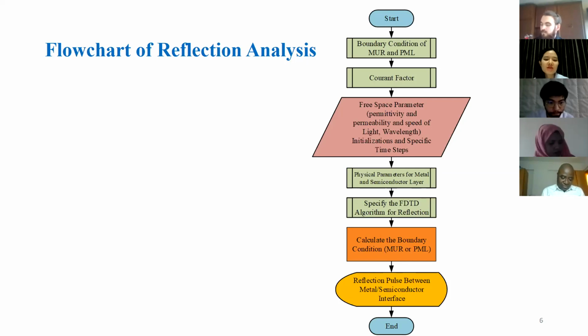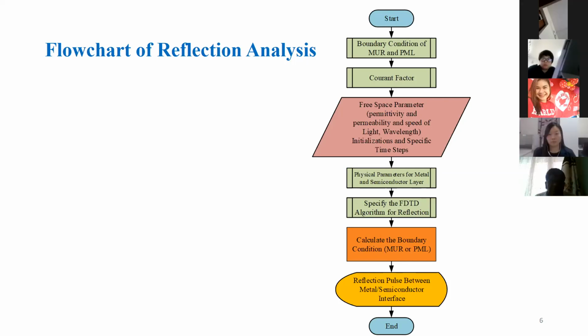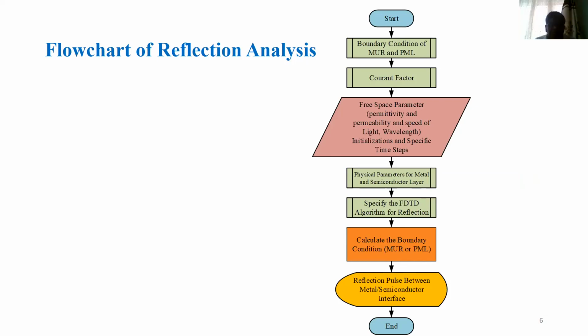In the next step, we set the physical parameters for metal and semiconductor, such as refractive index and thickness. And then we specify the FDTD algorithm for reflection. Then we calculate the boundary condition for MUR or PML. Finally, we get the reflection path between metal and semiconductor phase.